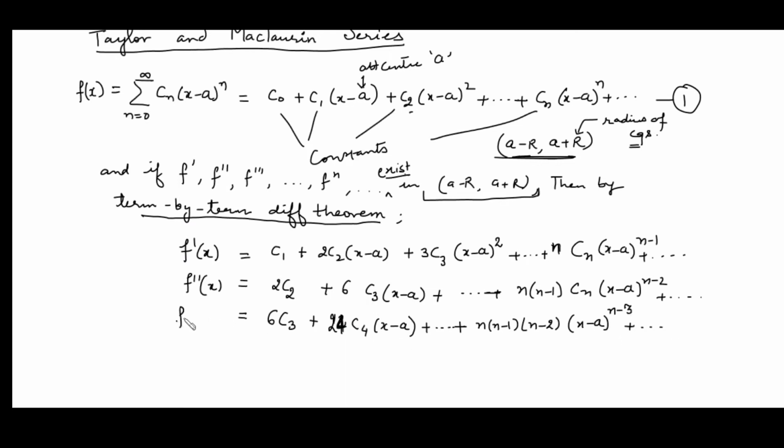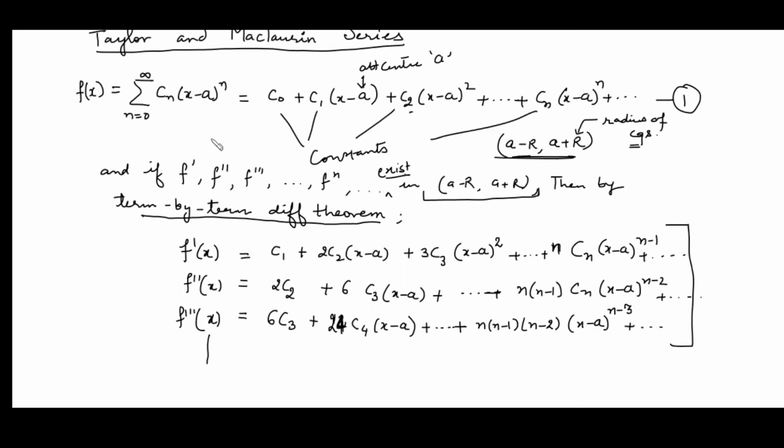So this will be the third derivative of this function, and it is converging to the third derivative, and so on. So after taking term by term derivatives, we have new power series, and each power series is convergent over the same interval to the derivative of the function.